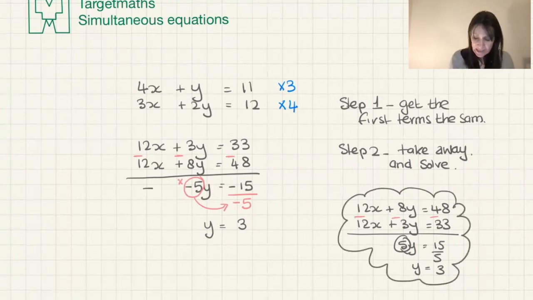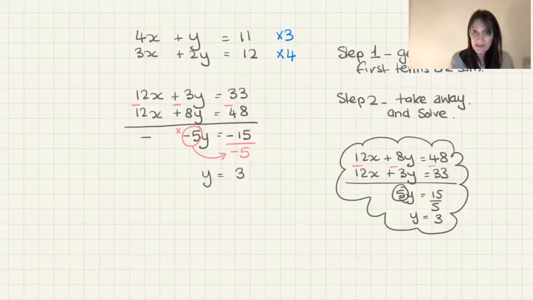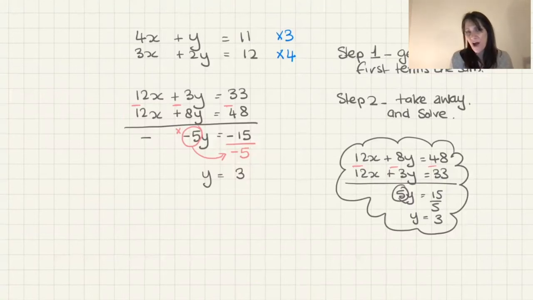All right, so we've done step 1, we've done step 2. What we now want to do is use our answer to help us find x. Because if I know what y is equal to, I don't really need to use y in the equation anymore. So what I do is I go back up to my original question, I take a look at both of them, and I just decide which one I think would be the easiest one to work with.